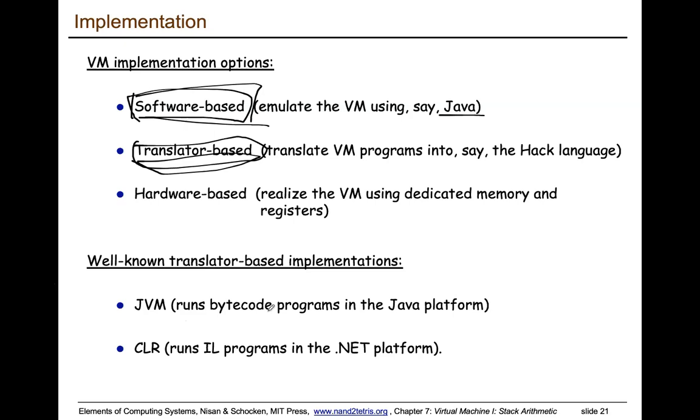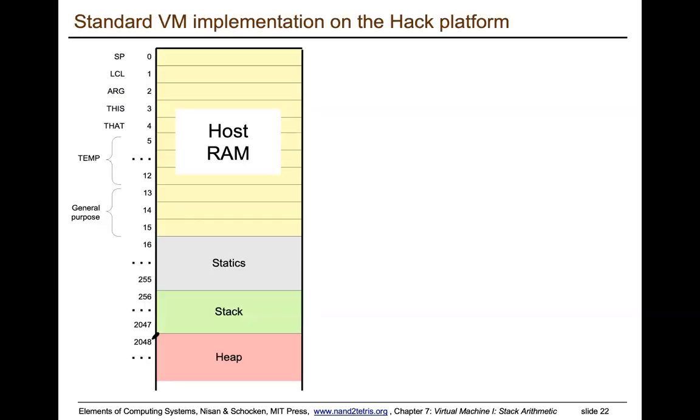The famous one is the Java virtual machine. Although it's software-based, it actually translates the code one by one, so it is still translator-based. Most famous VMs are translator-based virtual machines. So now, let us show an example for our Hack machine.